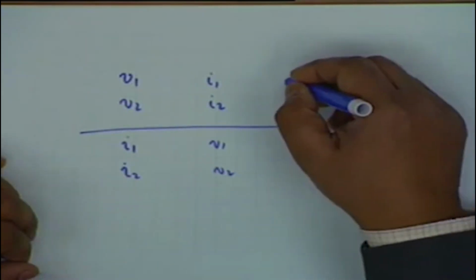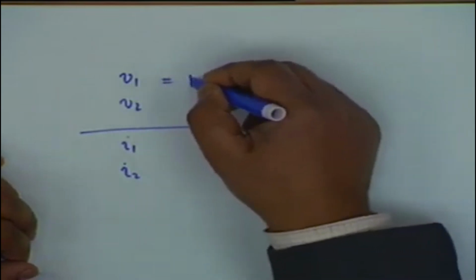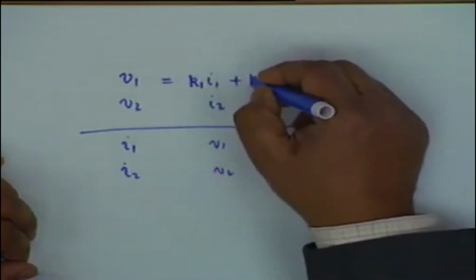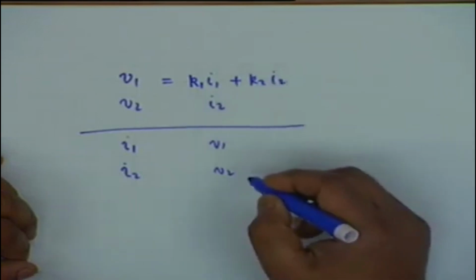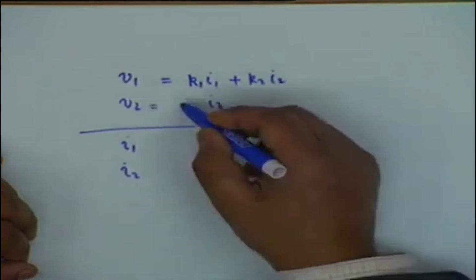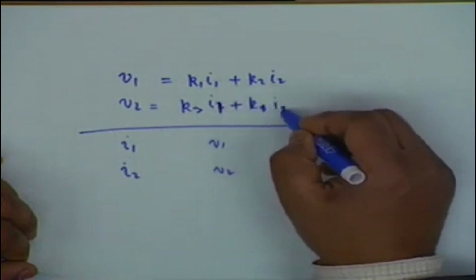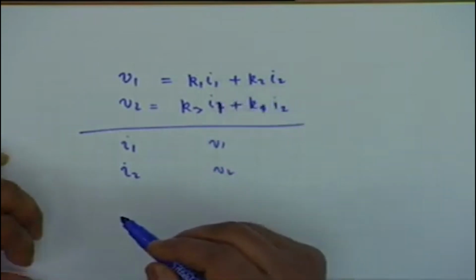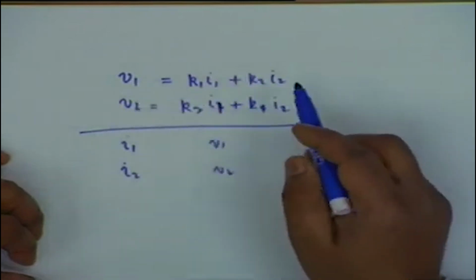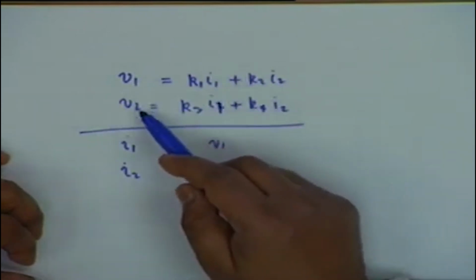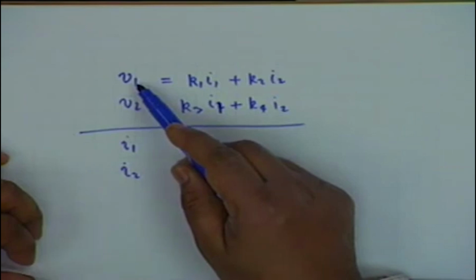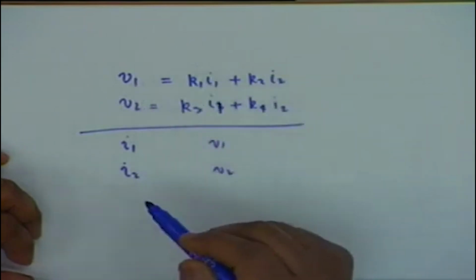And therefore V1 shall be of the form K1 I1 plus K2 I2, and V2 shall be of the form K3 I1 plus K4 I2. All right. It's a linear network, and therefore the voltage, which is a dependent variable, must be a linear combination of I1 and I2.